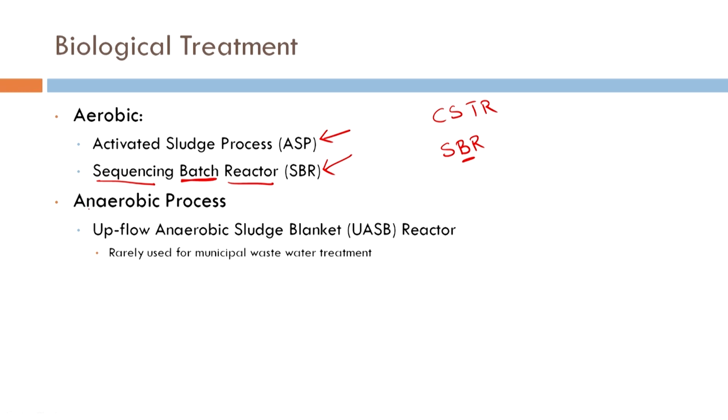And in some cases when the relevant organic content is very high, you are going to have an anaerobic process like the upflow anaerobic sludge blanket reactor, but again it is rarely used for municipal wastewater treatment, though I believe in Kanpur they have a huge facility that runs on this.